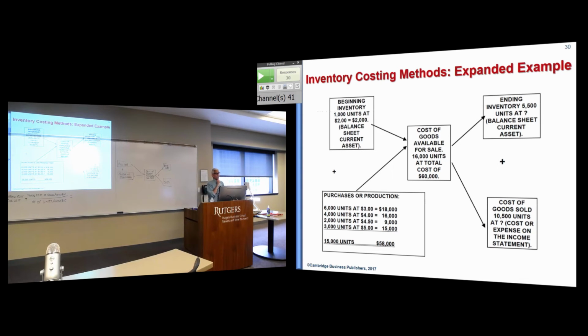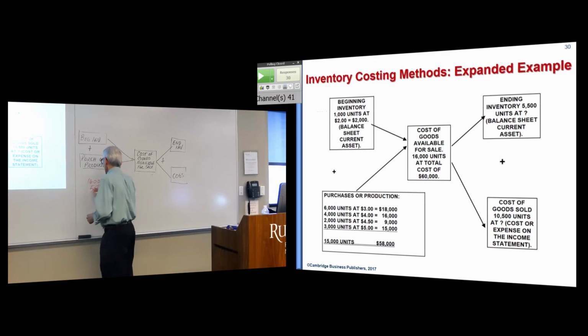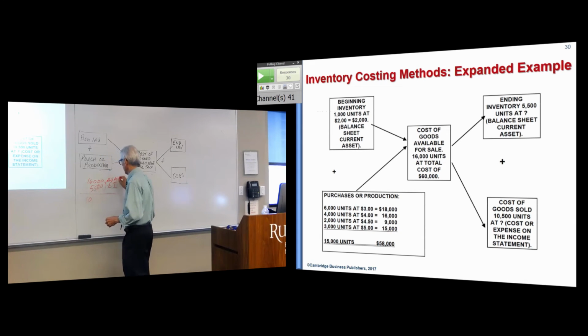Because this is assumed to be a periodic inventory system, inventory is counted, and we have 5,500 units. That means, of course, if we had 16,000 available and 5,500 were in ending inventory, then 10,500 had to be sold.